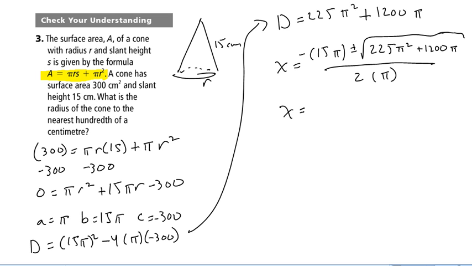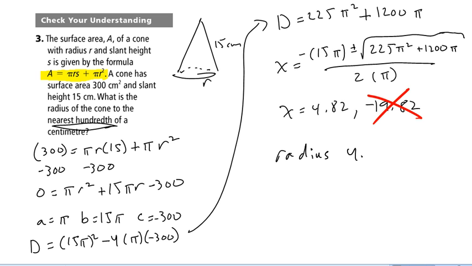You'll have no rounding errors. And you'll end up with 4.82, because they asked us for the nearest hundredth. And you'll end up with negative 19.82. And of course, there's no way our radius is going to be negative. So the radius to the nearest hundredth of a centimeter is going to be 4.82 centimeters.